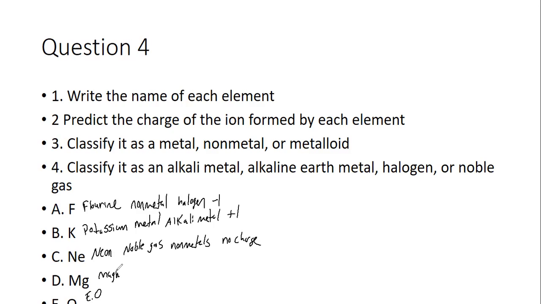Mg is magnesium. Do not get confused with Mn. Mn is manganese. Mg is magnesium. Two different things. You'll find this in the second column, which means it's +2. It's on the left-hand side of the periodic table, which makes it a metal. And since it's in the second column, this is an alkaline earth metal.